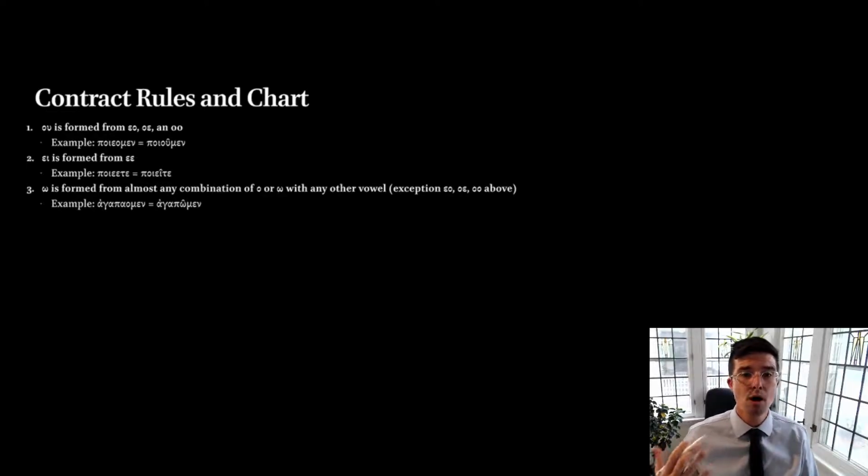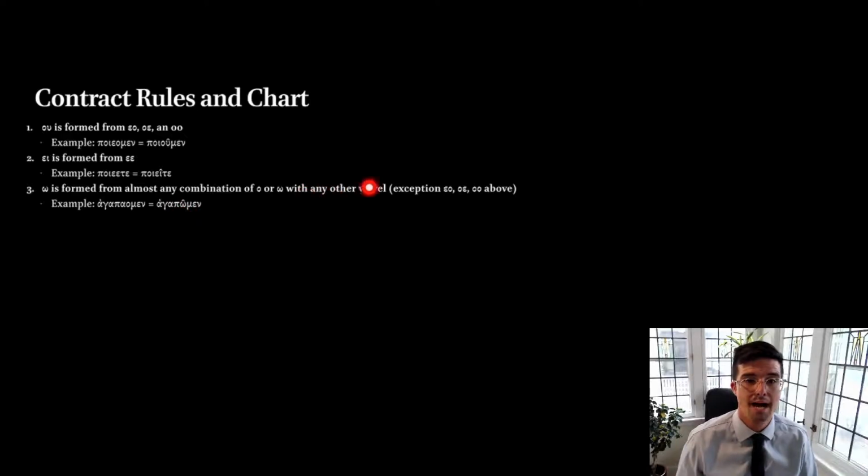And then in most combinations of omicron or omega with any other vowel, besides these exceptions up here, you're going to have an omega resulting. So if you have something like alpha with omicron, the result is going to be omega. The same would be true if you had alpha with omega, an omega would result.